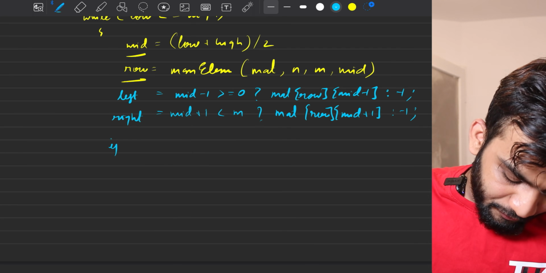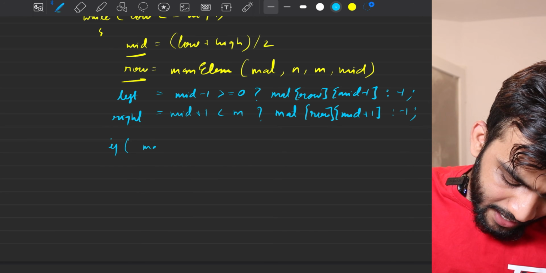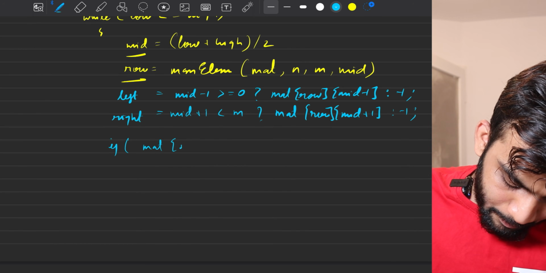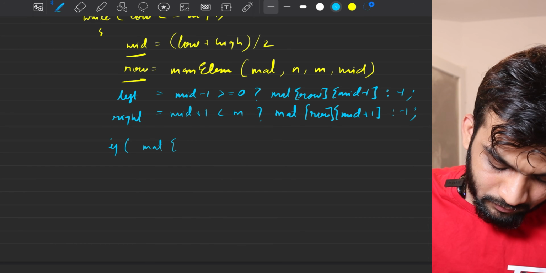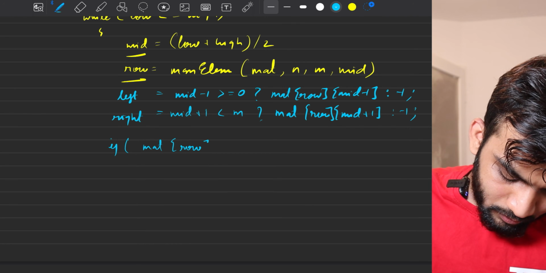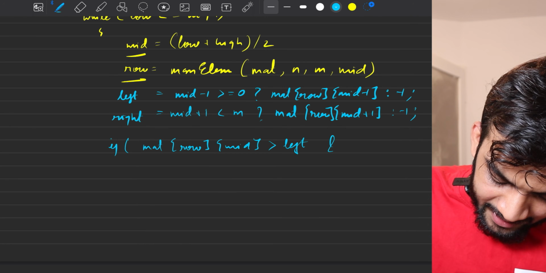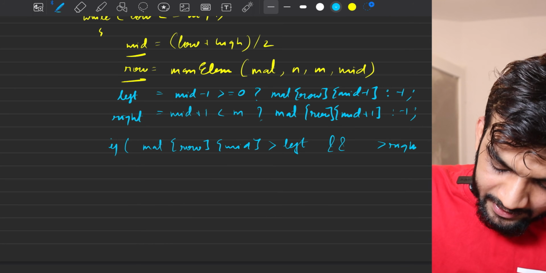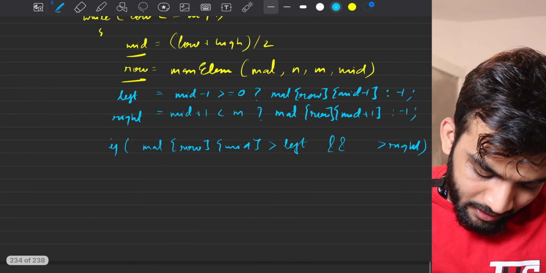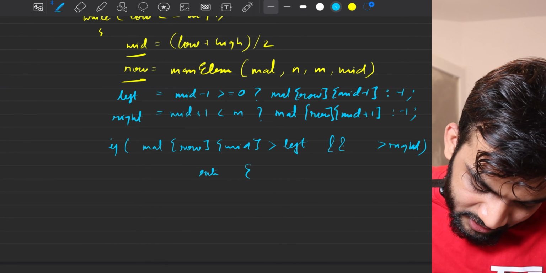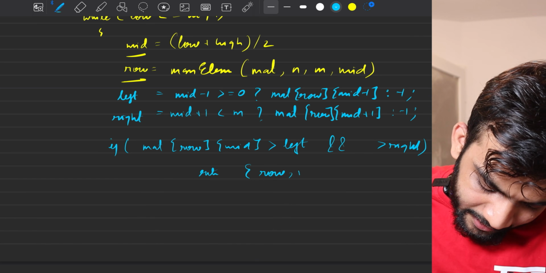So can I say if my value at matrix of row and the mid column is greater than left and greater than right, this is my peak element? Yes, I can. And thereby you can always return the row and the mid as the column.